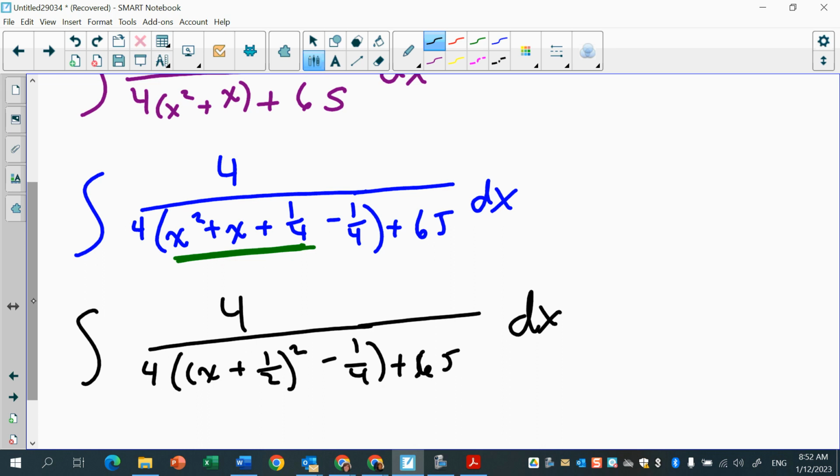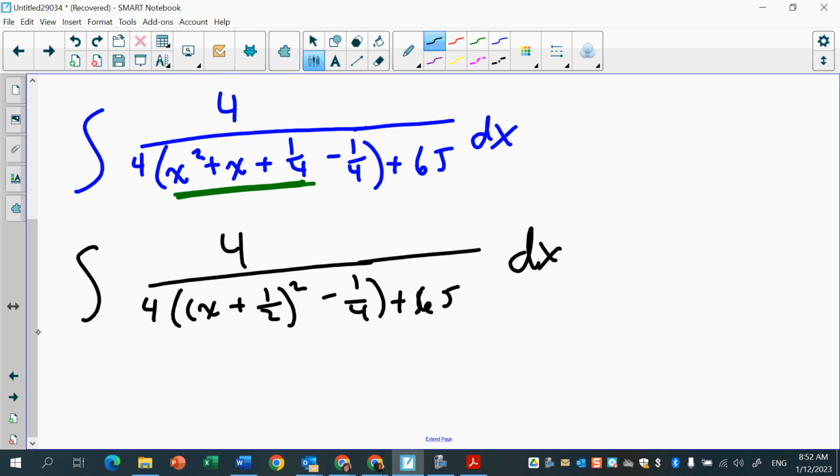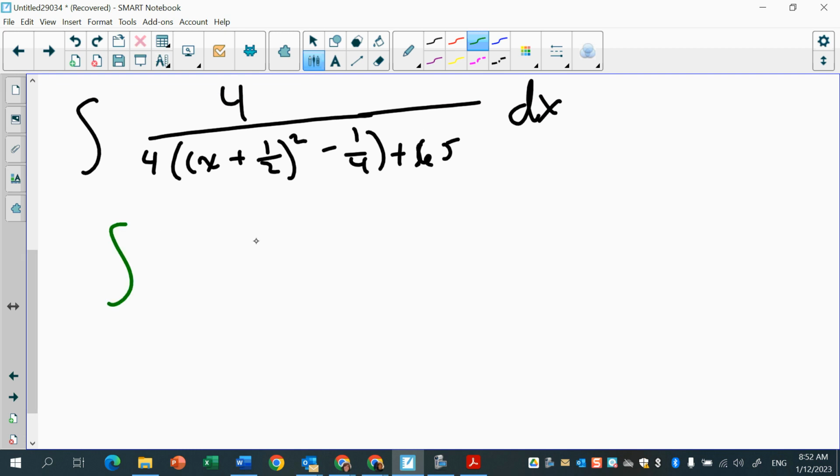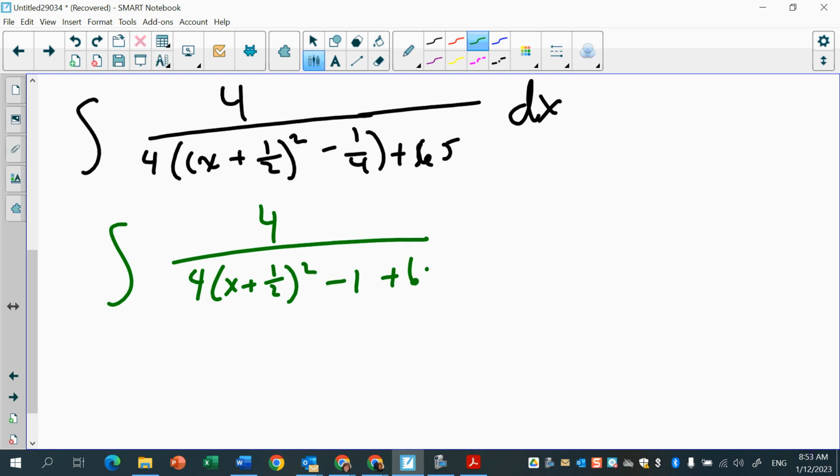I don't want all these parentheses and everything, so I'm going to get rid of some stuff. I'm going to distribute this 4 to both pieces in the parentheses. So it's 4 parentheses x plus 1/2 quantity squared minus 1 plus 65.